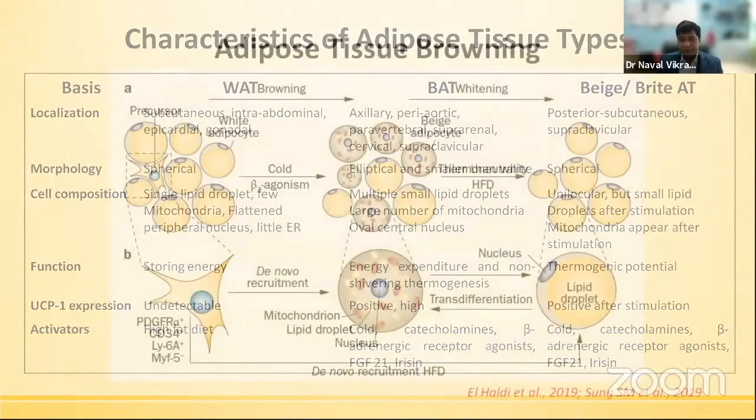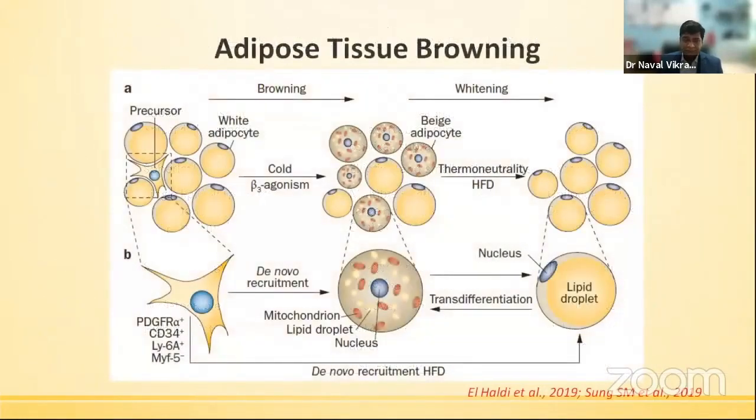Now, browning of adipose tissue, that is conversion of white adipose tissue to the beige or bright adipose tissue, is a dynamic and reversible process. In the presence of certain stimuli such as cold or beta-3 agonism, the white adipocytes change their morphology and metabolic profile into beige adipocytes, which have increased mitochondria.